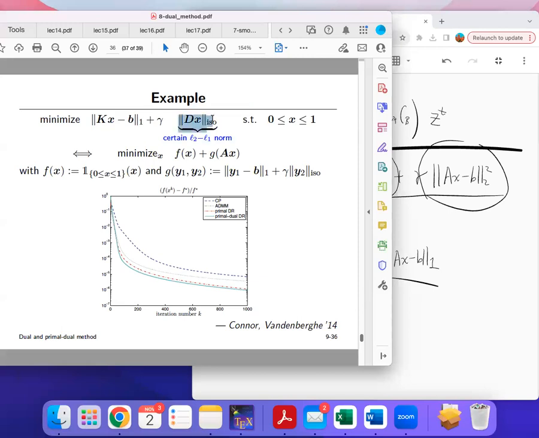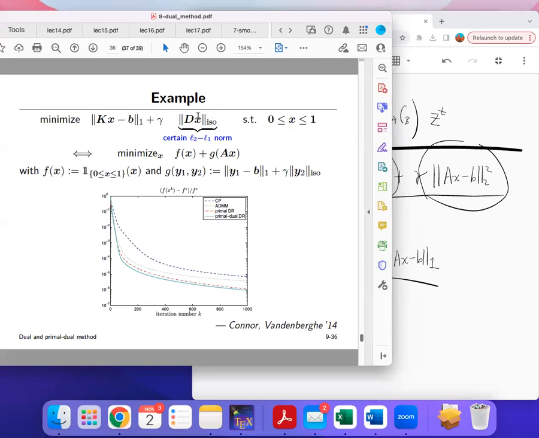And then this part is the structure of the images. This D times x is usually the total variation norm. So basically, for images, we know that most parts of the images are smooth. The pixel values are very similar, and the only change will be at the boundary points.